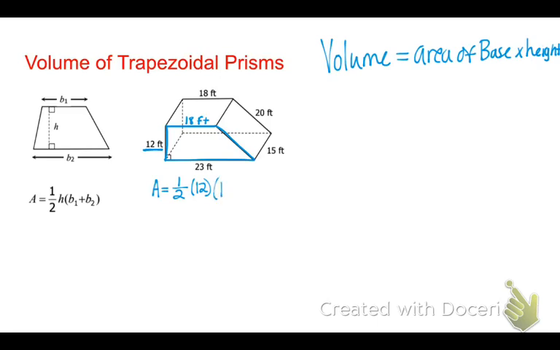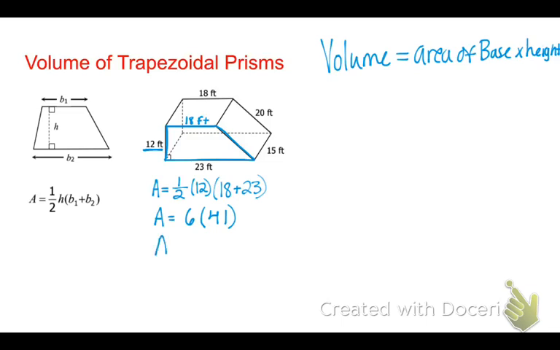Then I can do 18 plus 23 because those represent the bases of our trapezoid. So let's go through and calculate this. I'm first going to take half of 12 to get 6, and I'm going to add the 18 plus 23 to get 41.